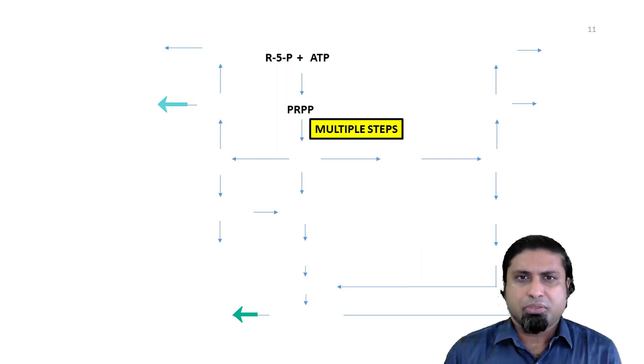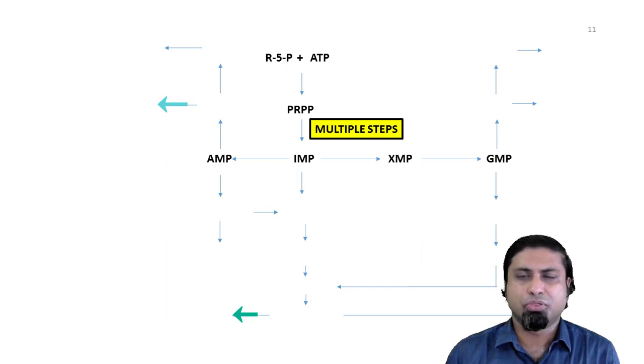So PRPP undergoes multiple steps to give IMP. And IMP will give our purine nucleotides, namely AMP and GMP. During the formation of GMP, an intermediate nucleotide known as XMP, xanthosine monophosphate, is formed. Now, if you take a look at AMP, the addition of 2 phosphate molecules to AMP gives ATP, and this can be used in the synthesis of RNA.